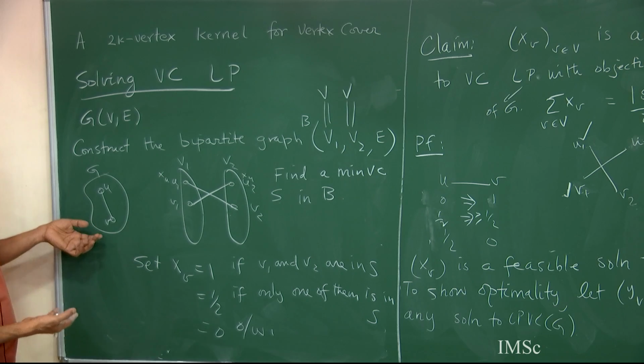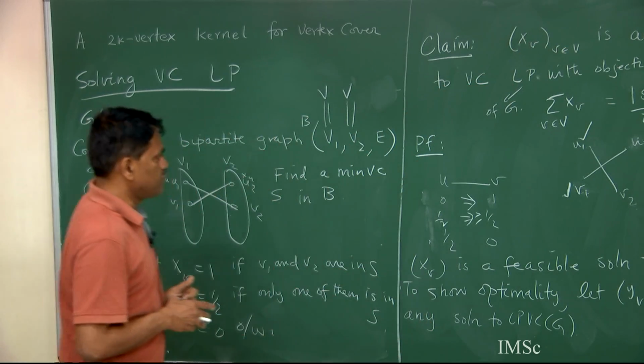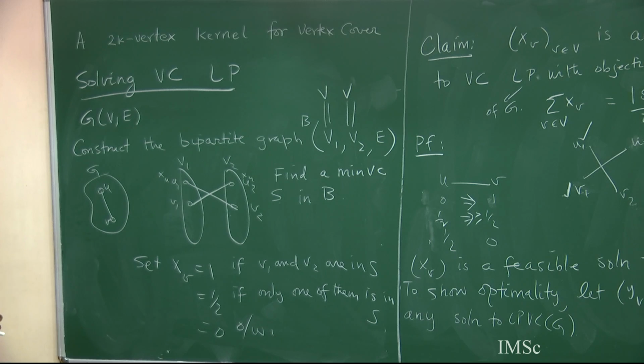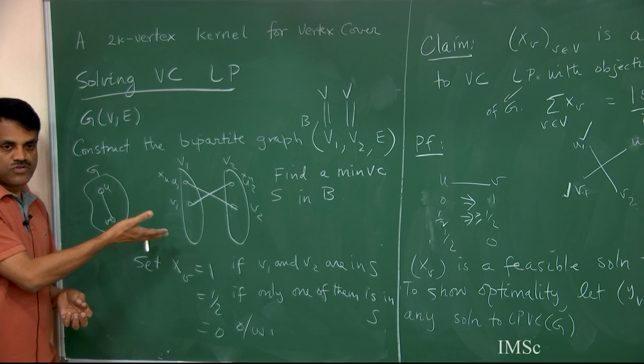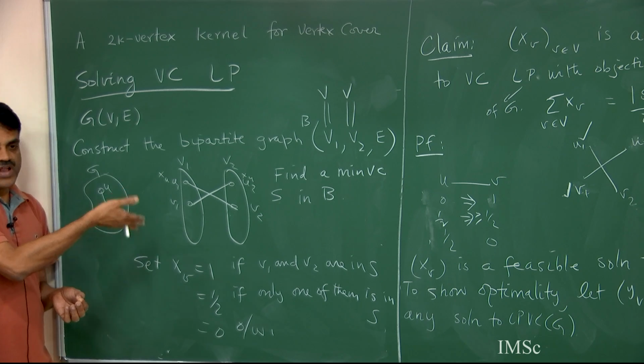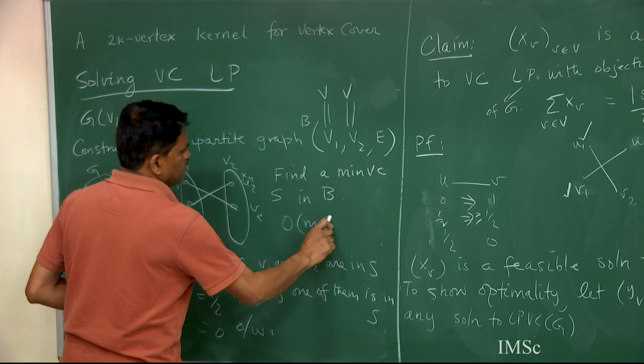So that's an optimum solution for my graph. Okay, so that proves that theorem, which says that there exists an optimum solution to my LP where the values are 0, half, 1, and also says that such a solution can be found by finding a maximum matching, whose current best time is something like m root n times.